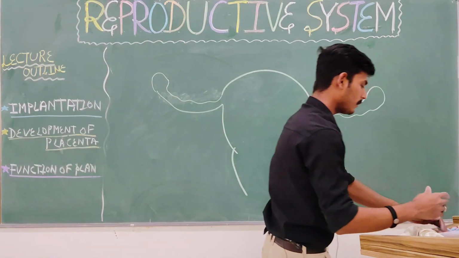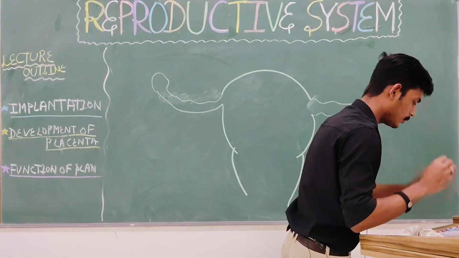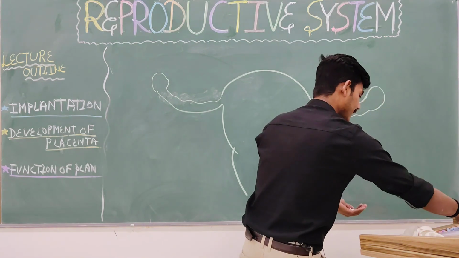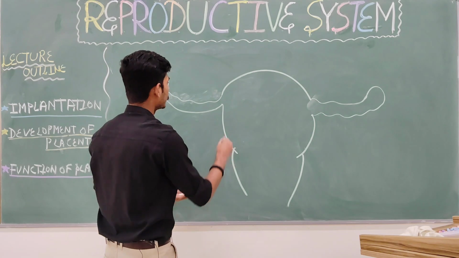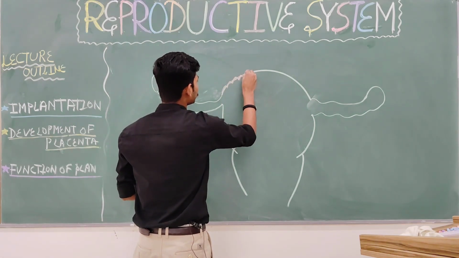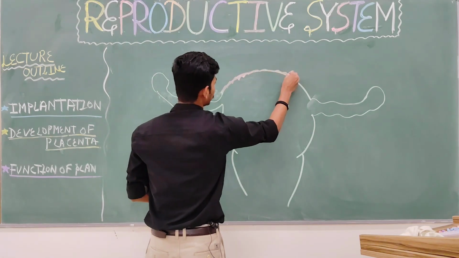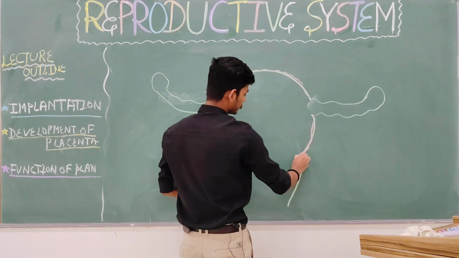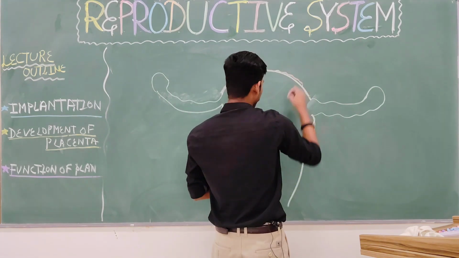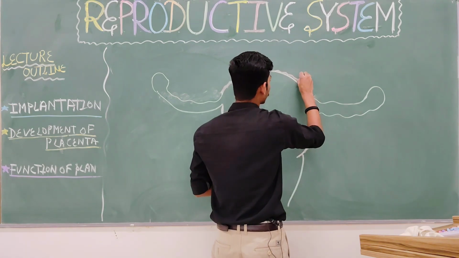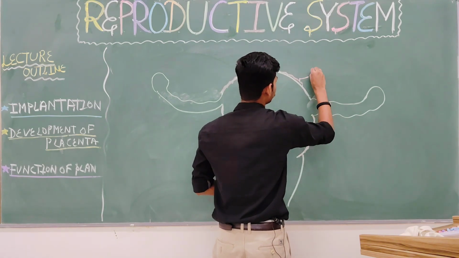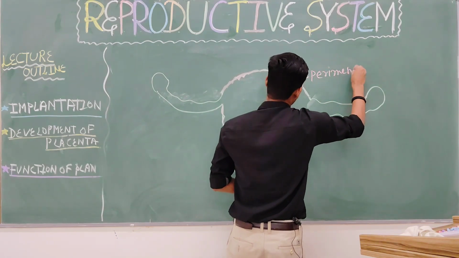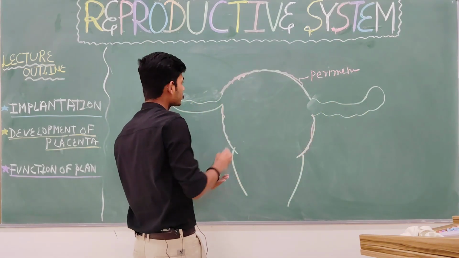Just tell me the name of the layers of the uterus, because here we have to remember the histology of the uterus. This outermost layer, what do you call it? Very good. It is called the perimetrium, the outermost.